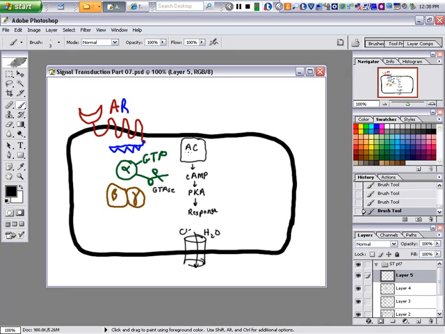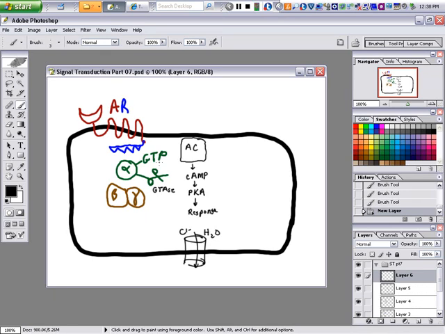The whole point of this is to get to this stage right here. There is a toxin. Okay, I'm going to ask you all this question. What would happen in this cell? I want you to think about it for 5 seconds first.